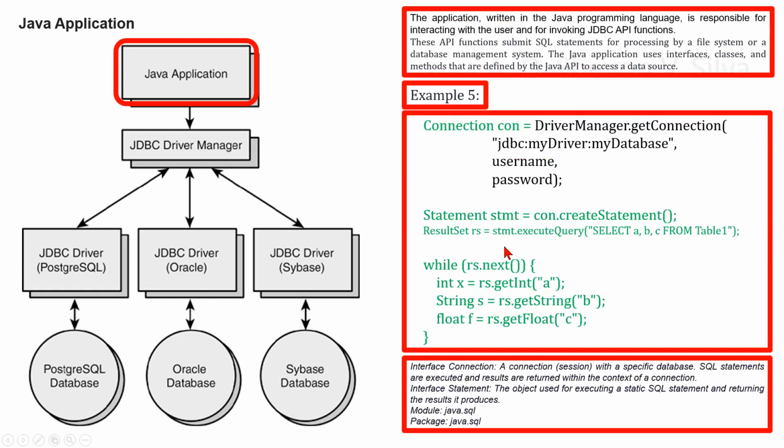As an example 5, we can consider this code segment. Here you can see an interface Connection, a connection session with a specific database. SQL statements are executed and results are returned within the context of a connection.